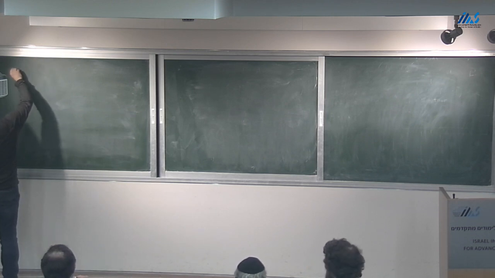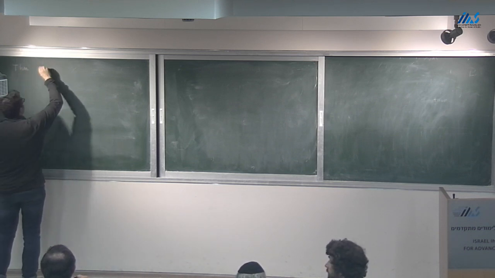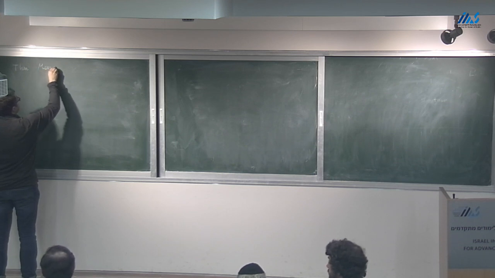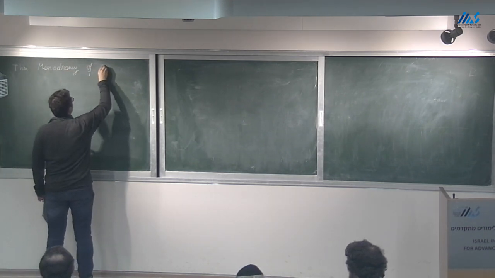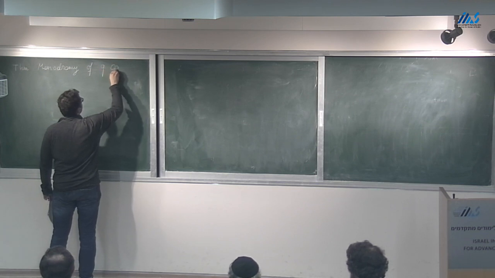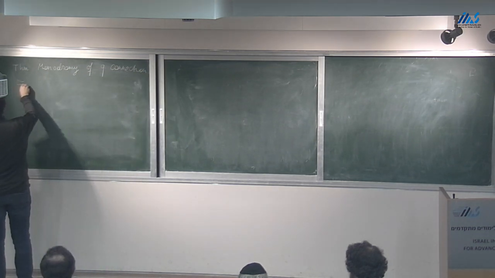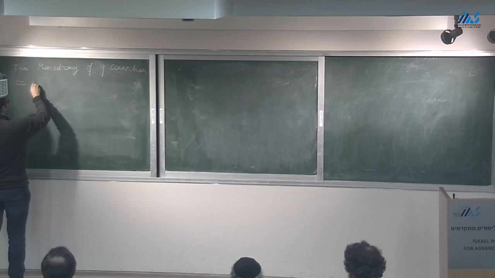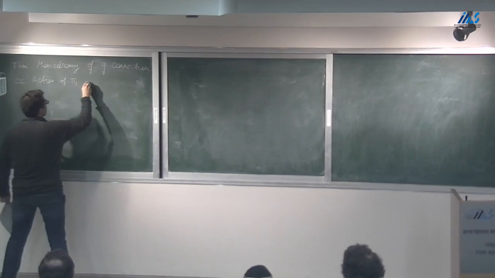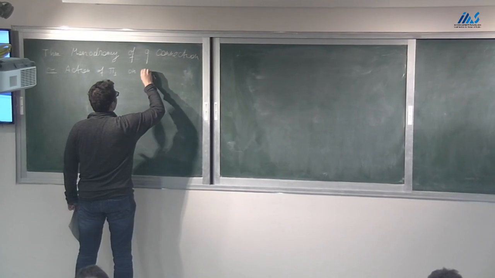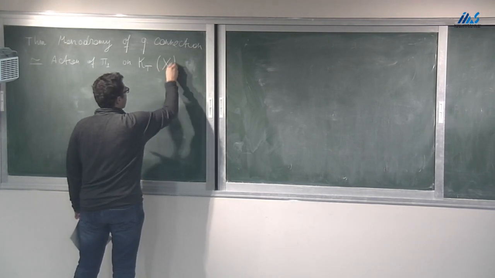So last time we stated the theorem about the kind of surprising compatibility between monodromy of quantum connection being equal to or isomorphic to the action of pi 1 on the K group, equivariant K group of our variety.